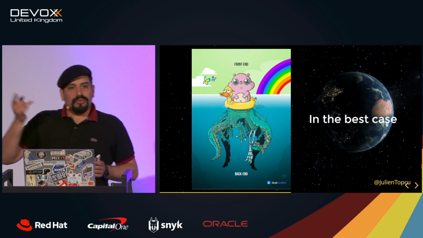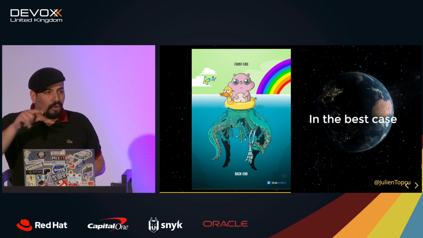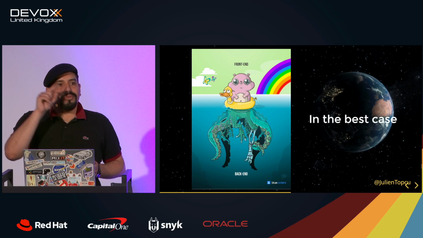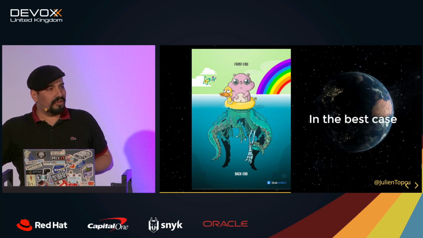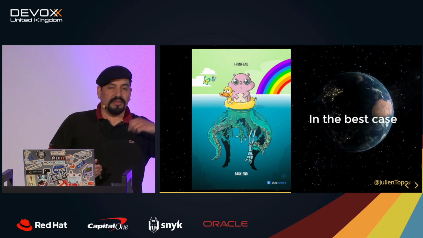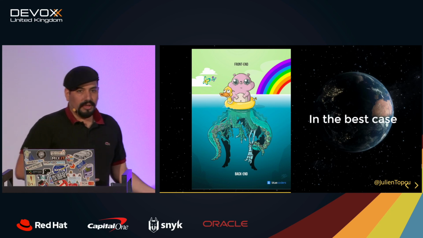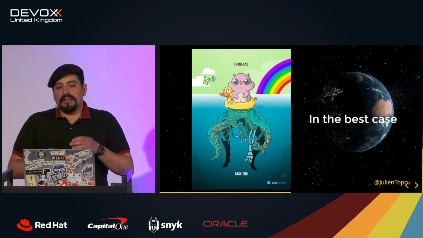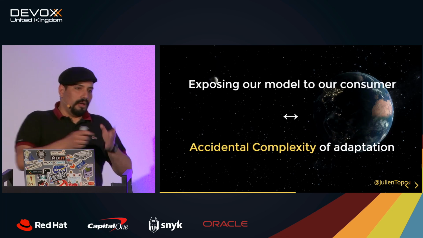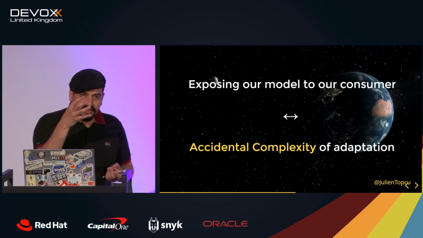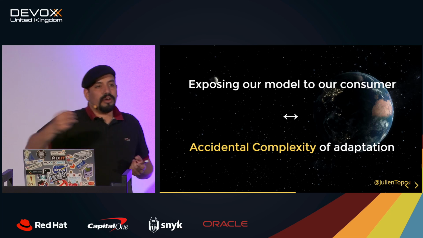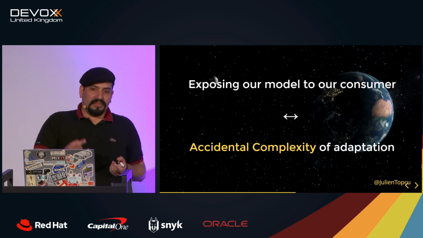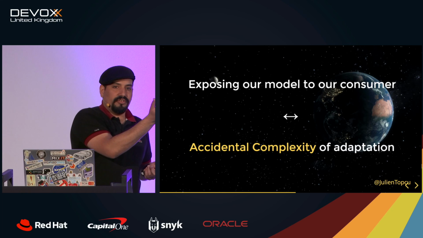The ugly APIs we have on the backend also mean that all the consumers have to do that translation as well. If you have a desktop application and so on, they all have to do that. This is because we are exposing our modeling, our implementation to our consumer instead of the business intent. And this is what I'm calling the accidental complexity of adaptation, of translation.